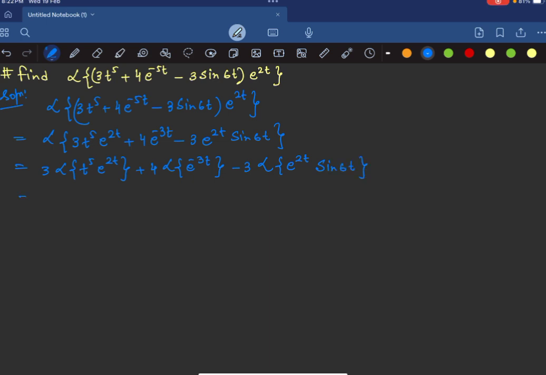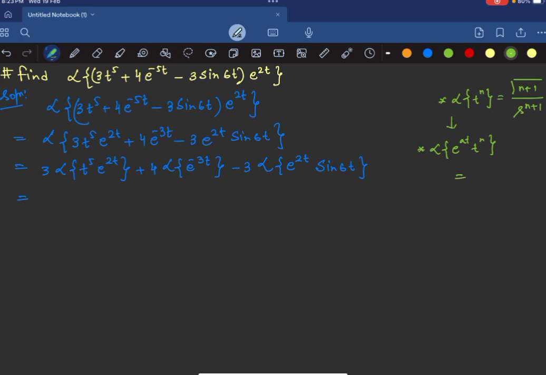Now see here, you know the Laplace transform formula, just recall it: the Laplace transform of t power n is gamma n plus 1 by s power n plus 1. And corresponding to this, the Laplace transform of e power at t power n, where in place of t power n you already had f of t.